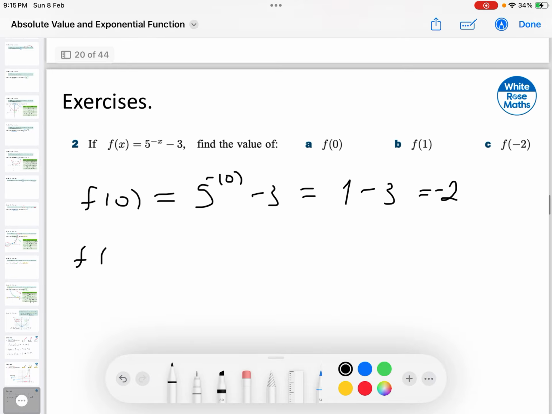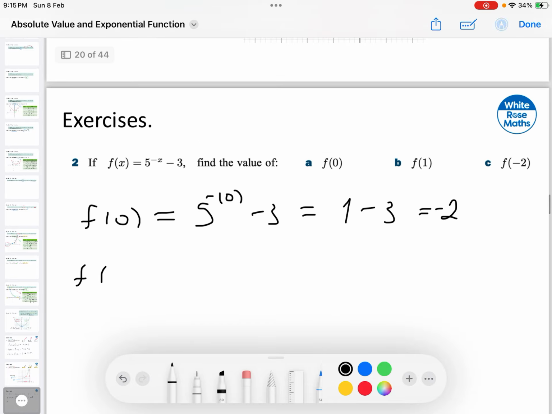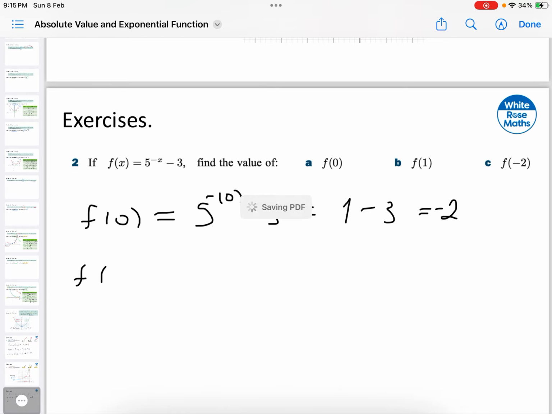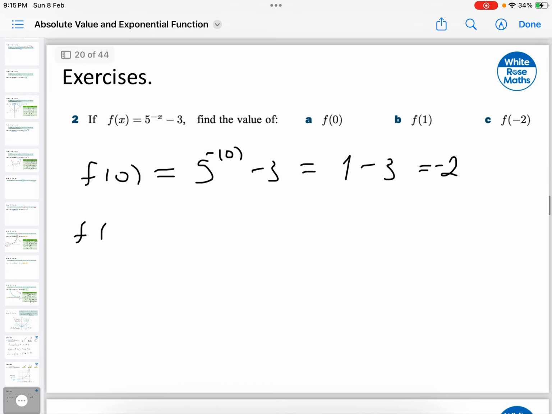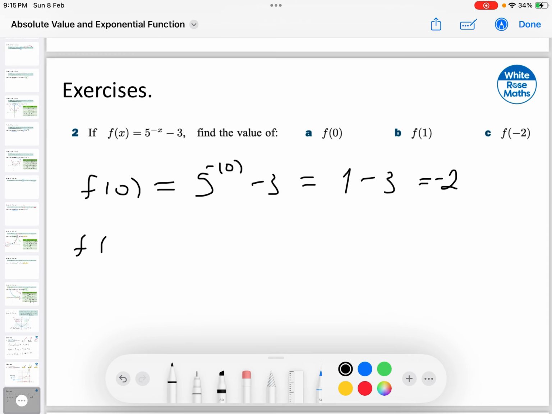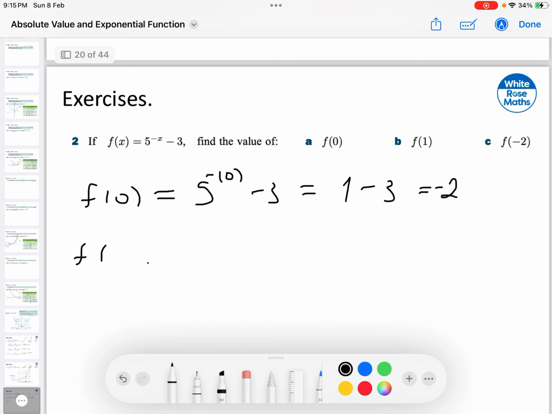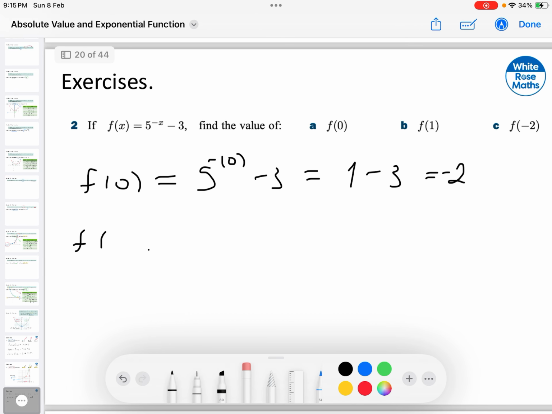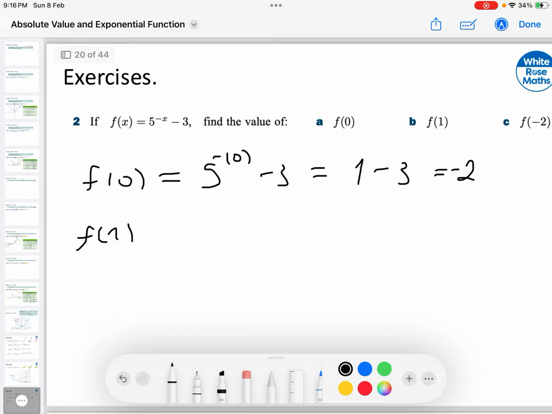Then we have f of 1. Let's see if we can make the perfect graph here. Okay.